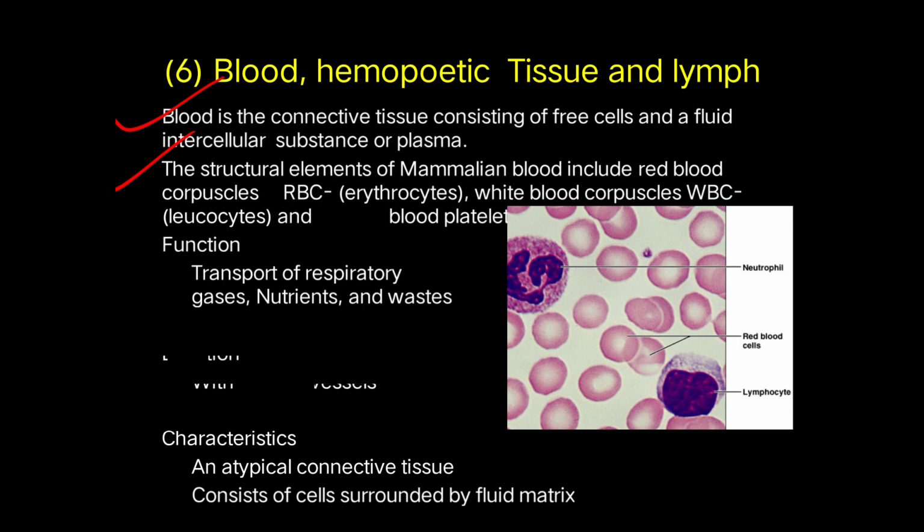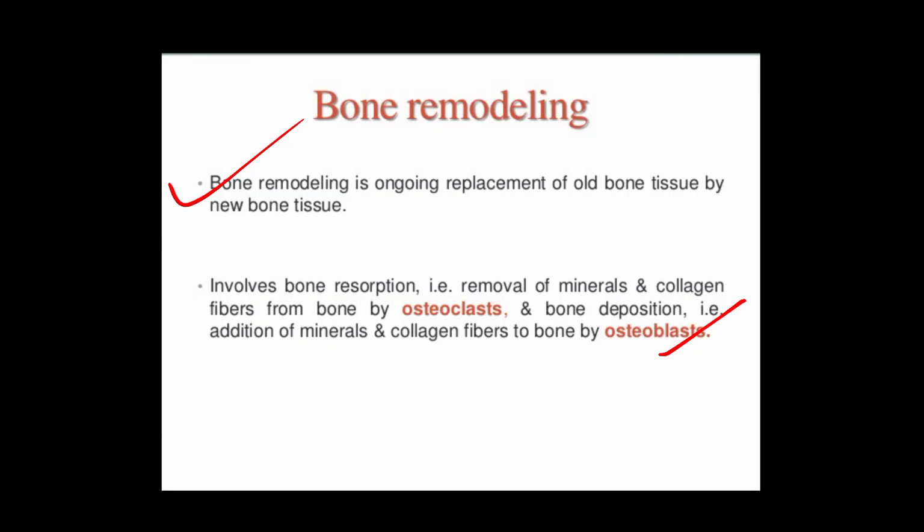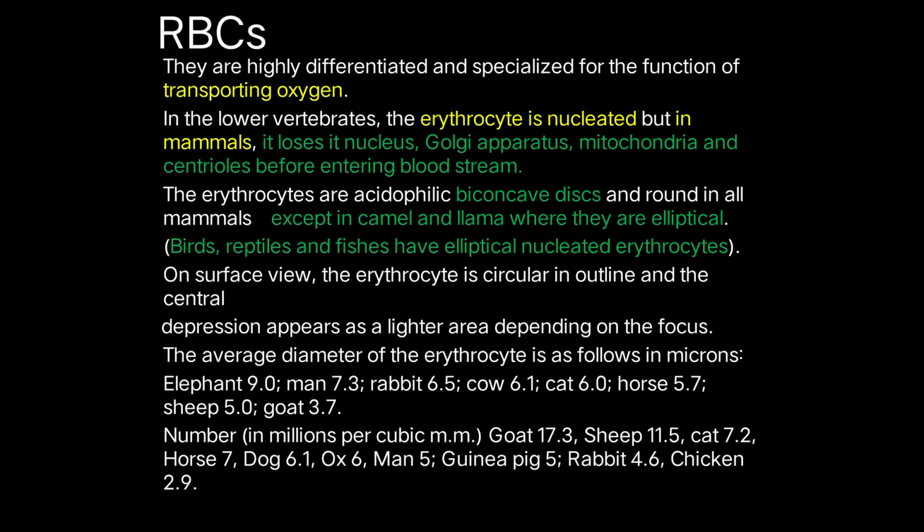Now the next important point to note is the RBC. They are highly differentiated and specialized for the function of transporting oxygen. In lower vertebrates the erythrocyte is nucleated, but in mammals it loses its nucleus, Golgi body, mitochondria, and centriole before entering the bloodstream.